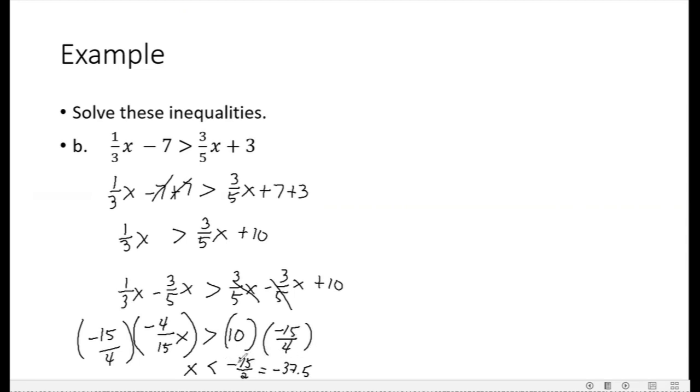So finally, our solution set for letter B is the set of all x such that x is an element of real numbers and it is less than negative 75/2, or the same as negative 37.5. And that's it.